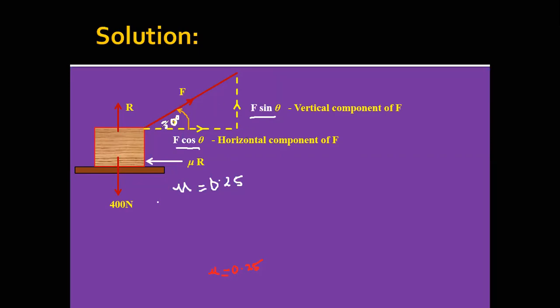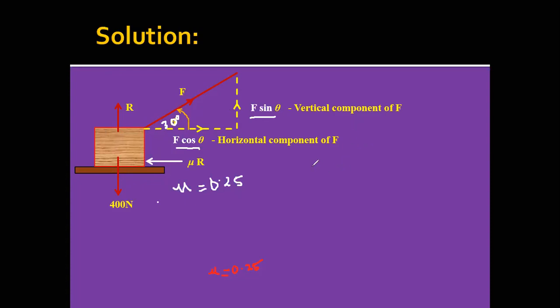Now, because this body is still on static friction, it has not moved yet, it means that the forces in the vertical will balance out, net acceleration will be 0. And at the same time, the forces in the horizontal will also give a net acceleration of 0.